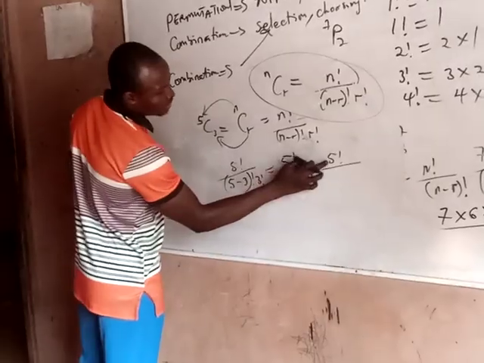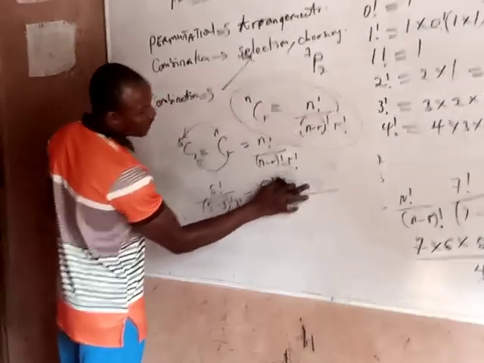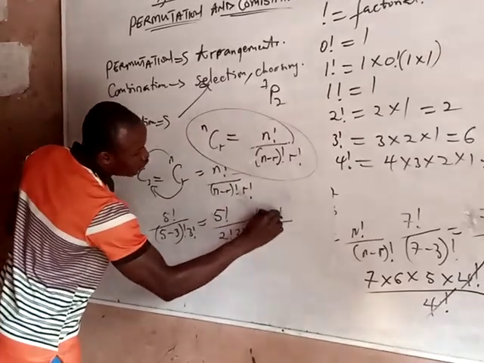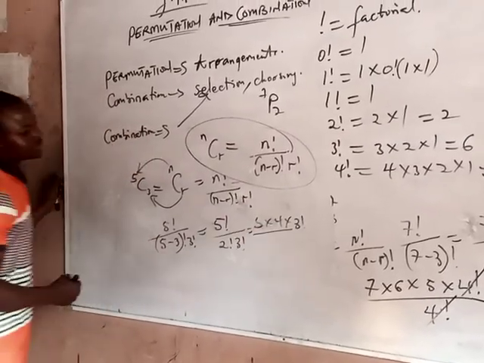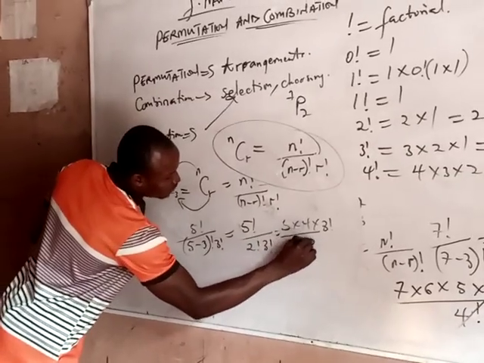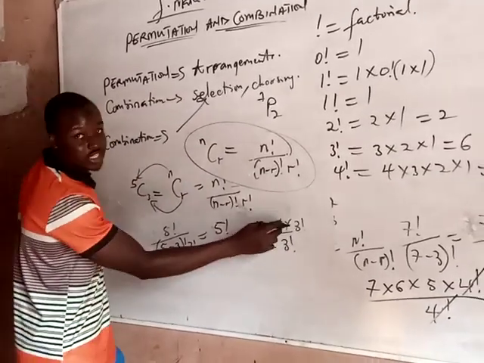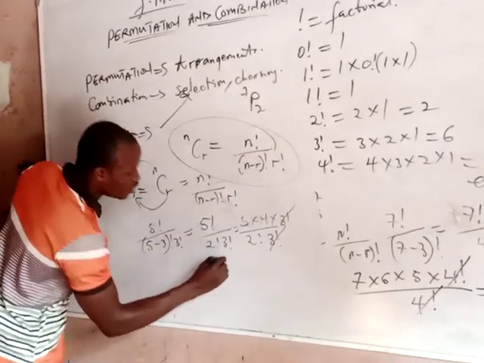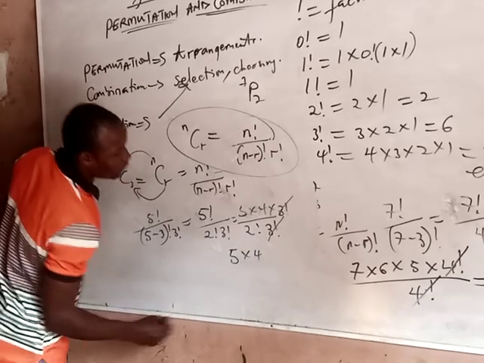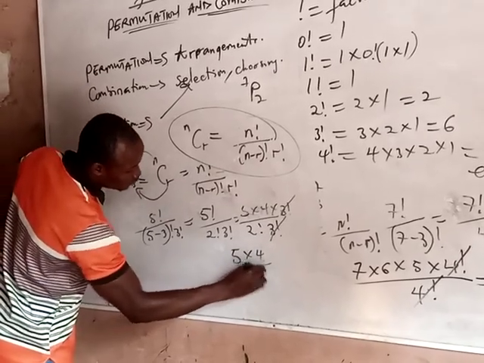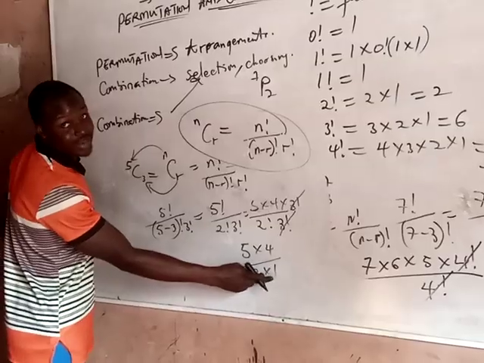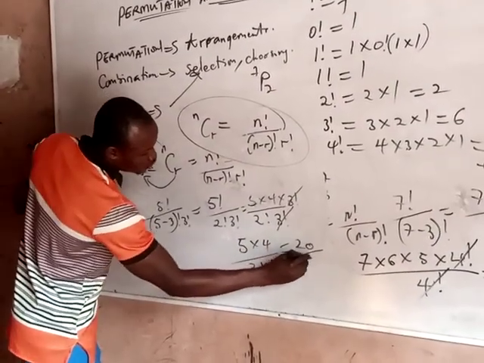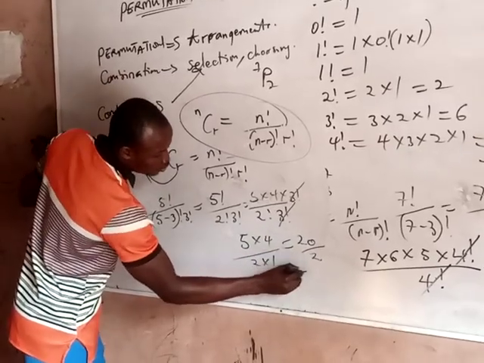So when expanding 5 factorial, we stop at 3 factorial: 5 times 4 times 3 factorial, over 2 factorial times 3 factorial. So this and this can be cancelled. Then you have 5 times 4 over 2 times 1, because 2 factorial is 2 times 1. 5 times 4 is 20, 2 times 1 is 2, so when you divide, you have 10.